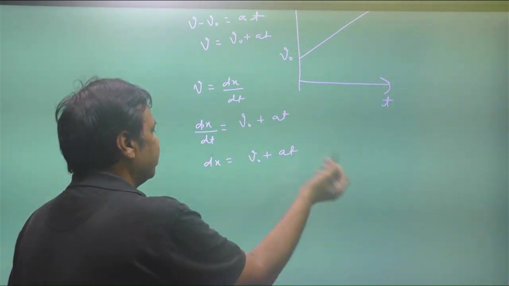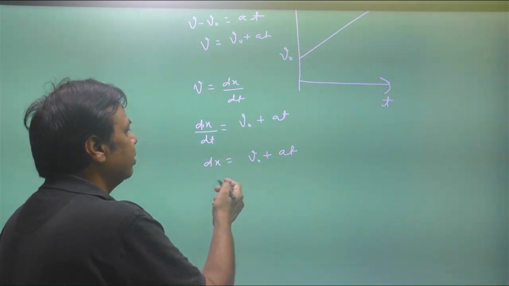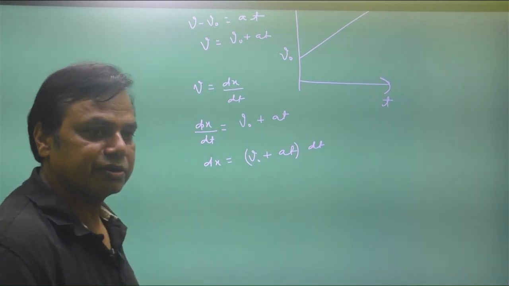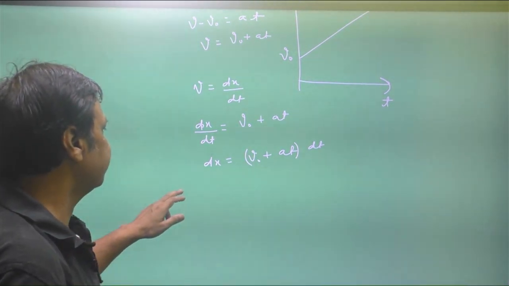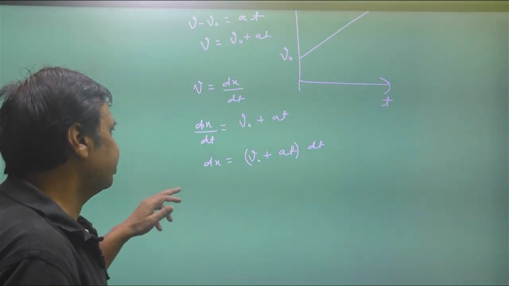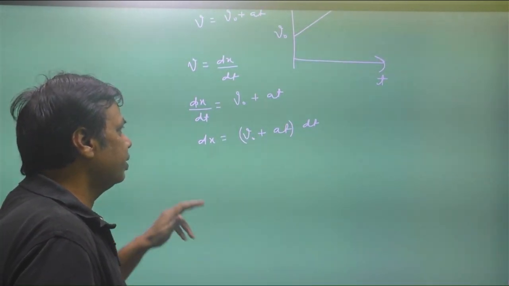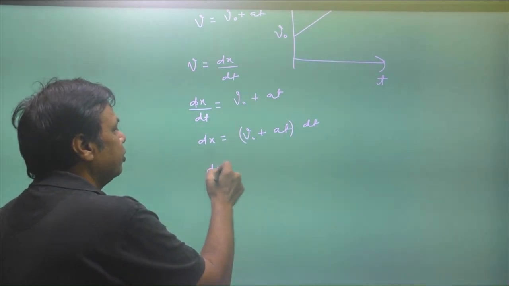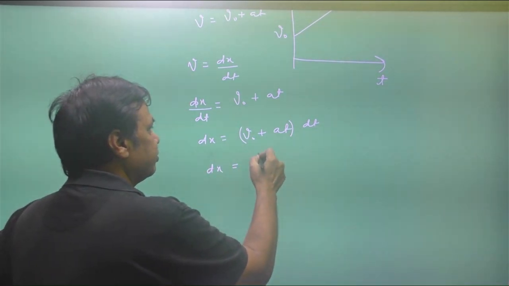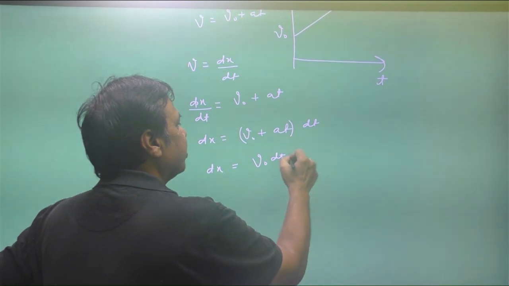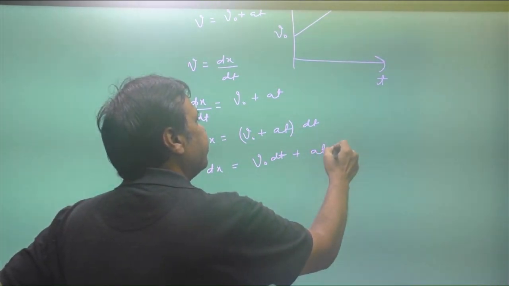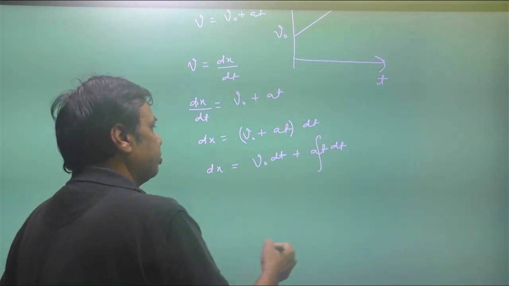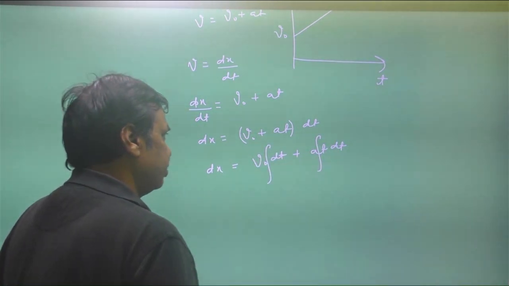The equation you got is like this. Then if you want to integrate them, you integrate dx equals v naught dt plus a t dt, and a is a constant, so before integrating you can take it out of the integration sign.